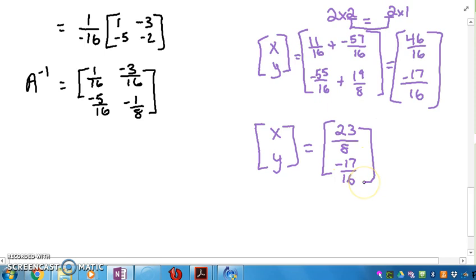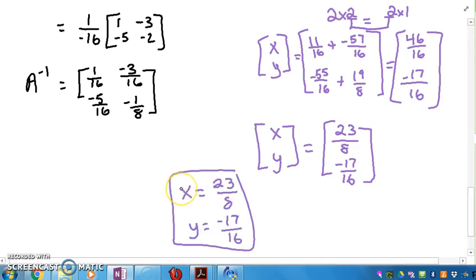And now you see you have two matrices that are both 2 by 1s, and they're equal to each other, so you can pull out X.